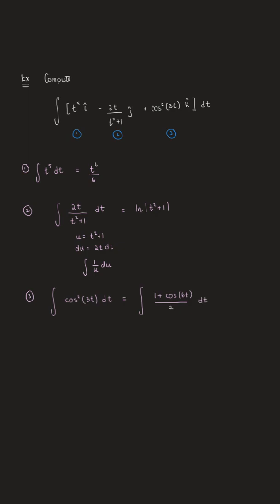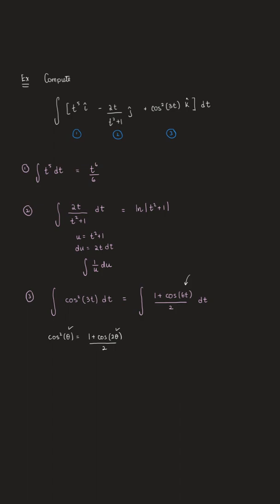Let me remind you which identity I'm using here. This is our power reduction identity: cosine squared theta is (1 plus cosine 2 theta) over 2. You can see that our angle doubles, which is why in my expression here I have cosine of 6t.